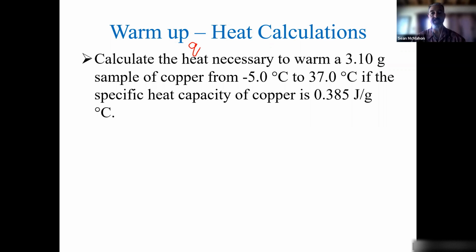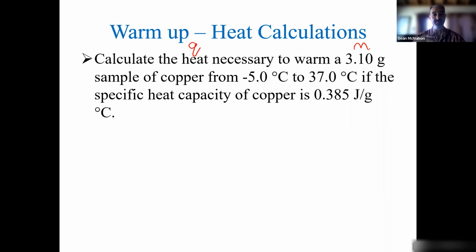Calculate the heat necessary to warm a 3.10 gram sample of copper from negative 5 degrees Celsius to 37 degrees Celsius, if the specific heat capacity of copper is 0.385 joules per gram degree Celsius.